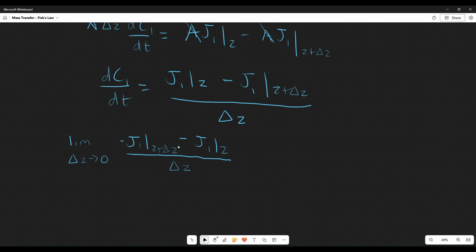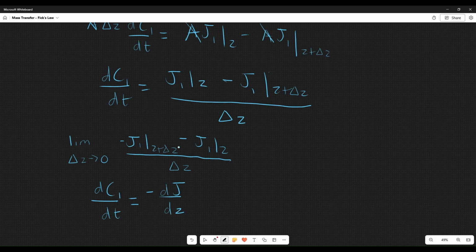What I get is that dC1 over dt is equivalent to the change in flux over position, with a negative, negative.